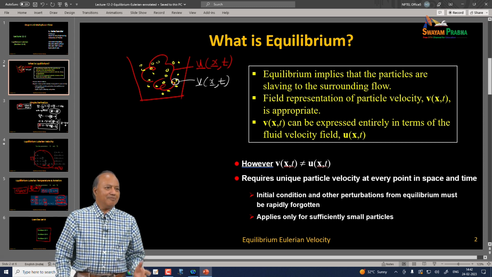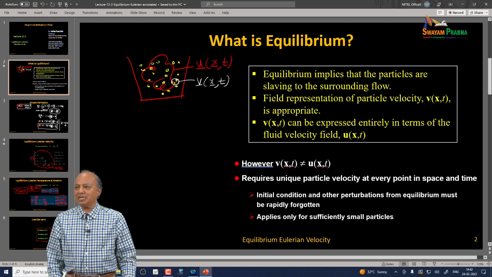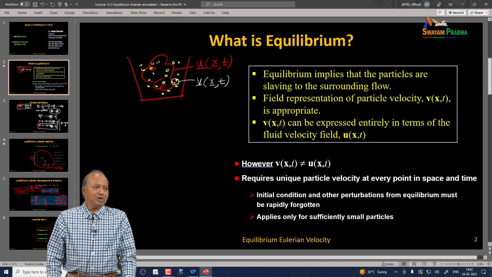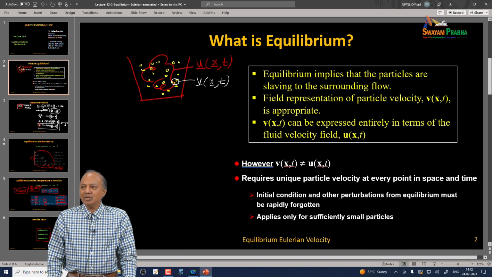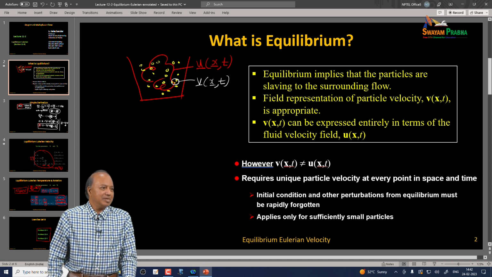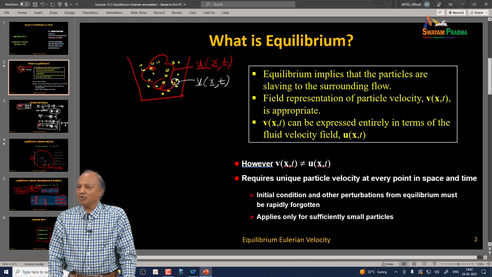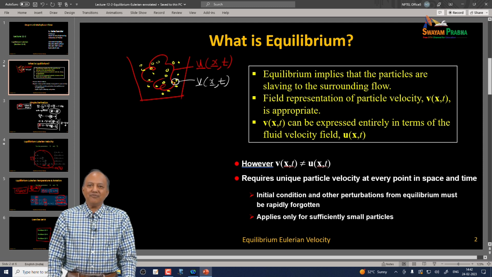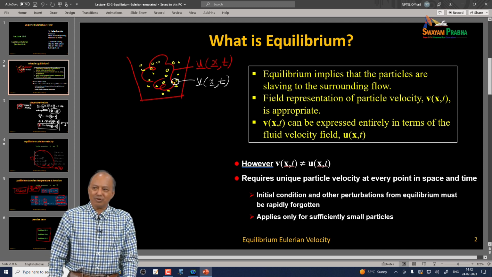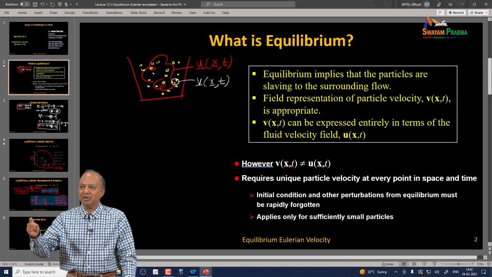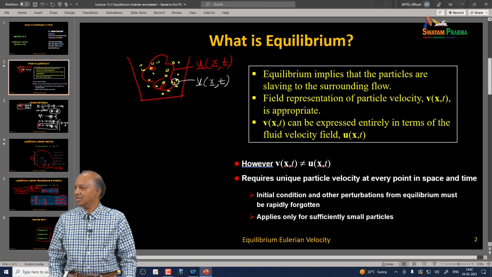If you have polydisperse particles and you are doing Euler-Euler, you have bins. Let us say you have 5 bins and you have 3D simulations. You have 15 momentum equations that you are solving, x, y, z momentum for 5 different sizes.